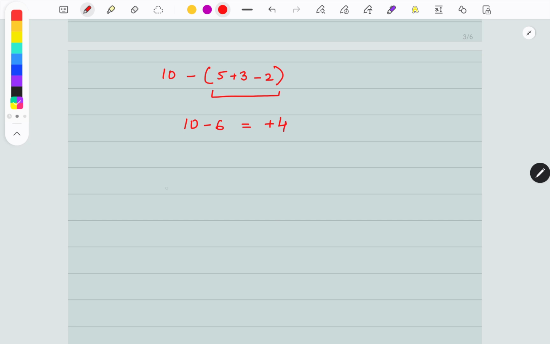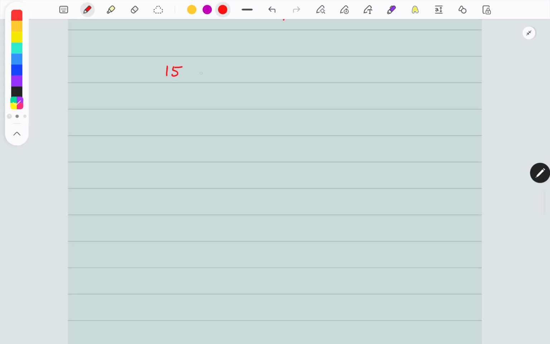Let's take one more example. We are doing 15 minus 3 into plus 5 plus 10. Now let's see, here is the sign of multiplication, and we know in the BODMAS rule multiplication comes before addition and subtraction. So we will be solving this part first.